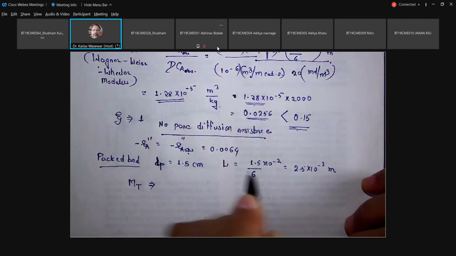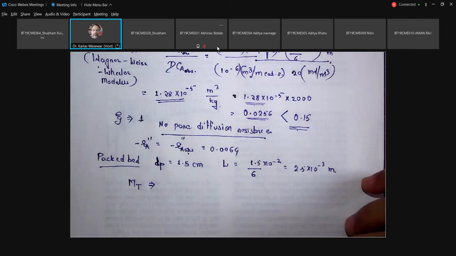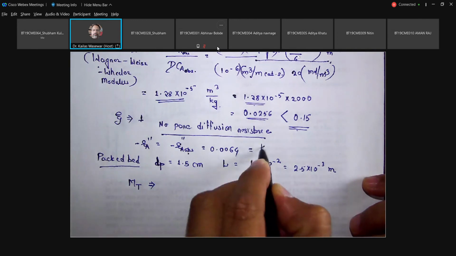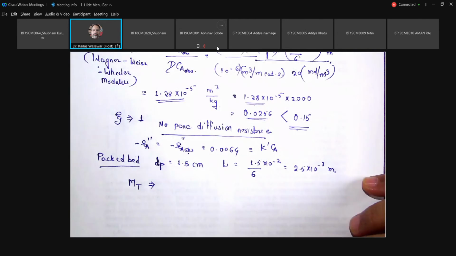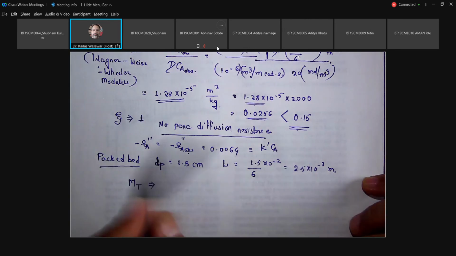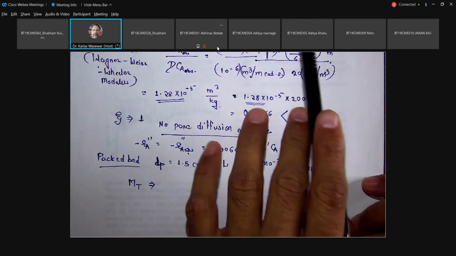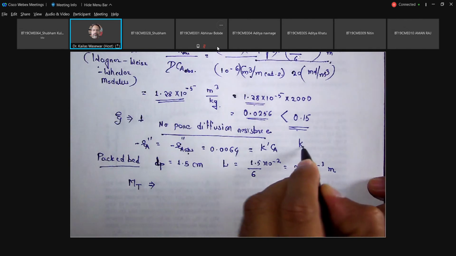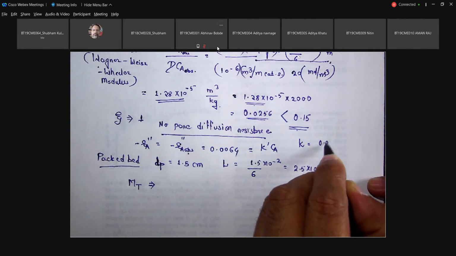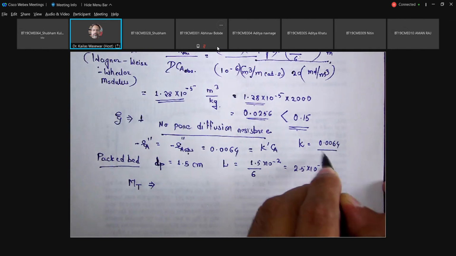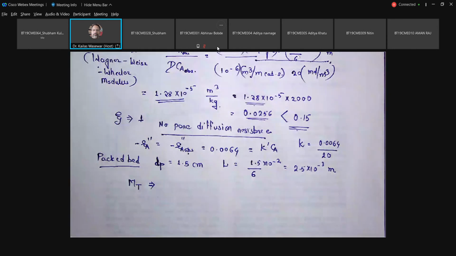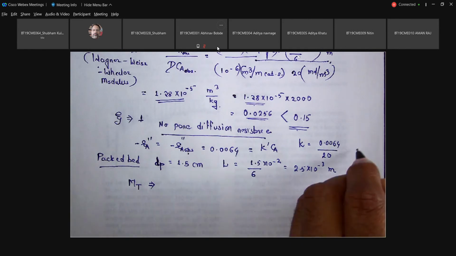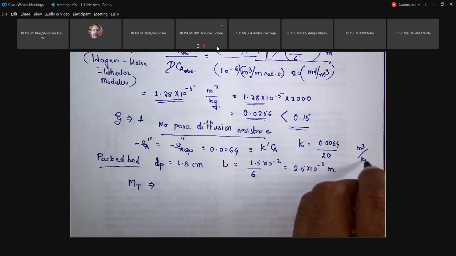Reaction, it is a first order reaction. So this will be KCa. So Ca is in mole per meter cube. Ra unit is, so K will be what? And unit will be meter cube per kg second.